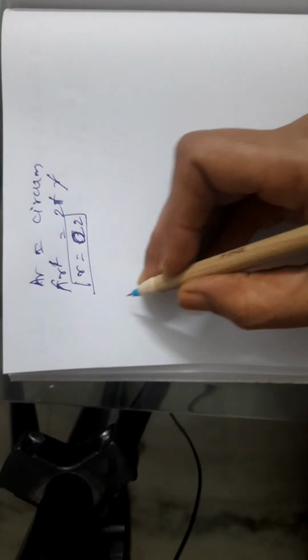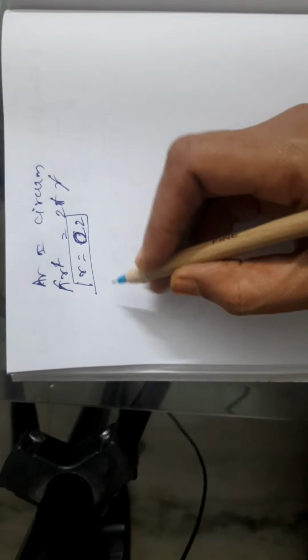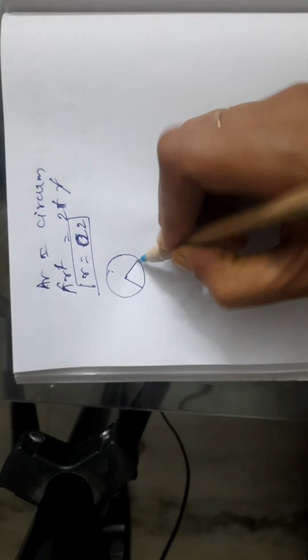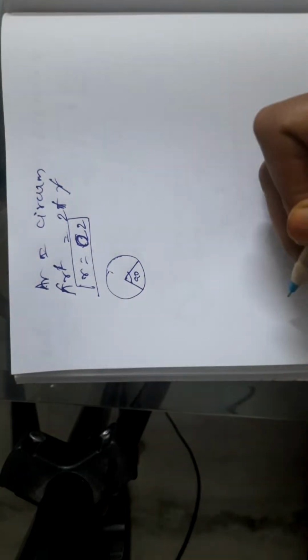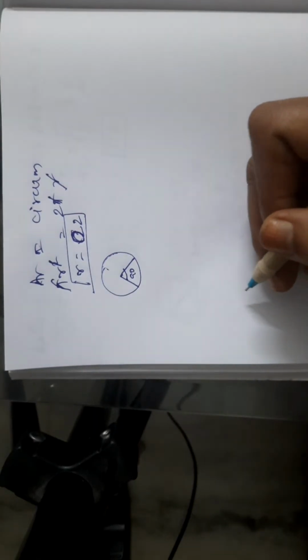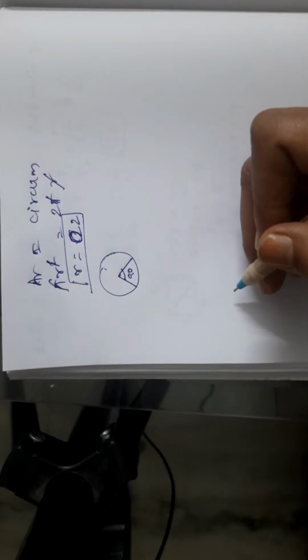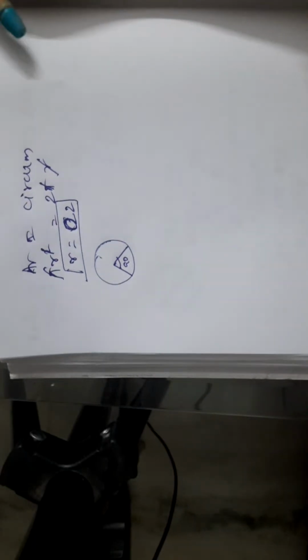Now the next one. In the question it is given two radii are mutually perpendicular to each other. So they are making 90 degree. Now next is given find the area of the minor sector.